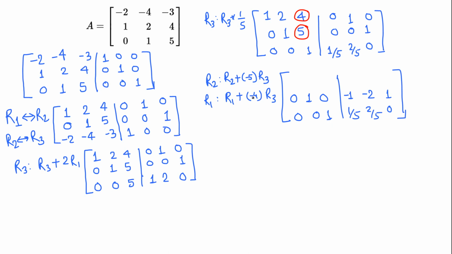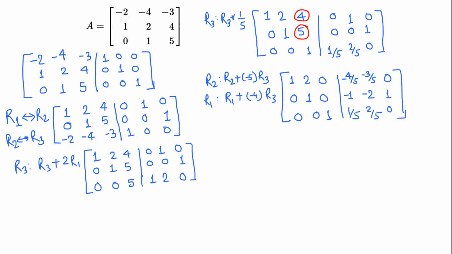Here in R1 we multiply by -4 and add with R1, so 0 and 1 is just 1, 0, 2 is just 2, multiply by -4 and add 4, that's 0, -4/5 plus 0 is -4/5, negative 8/5 plus 1. 1 is positive 5/5. Negative 8/5 plus 5/5, so negative 3/5. And this is 0, 0, 0.